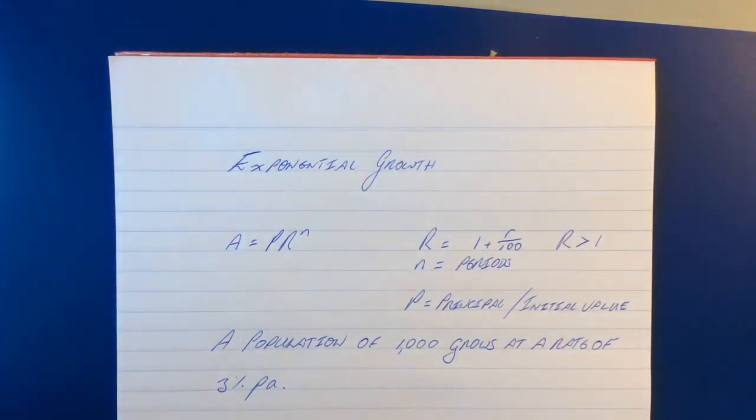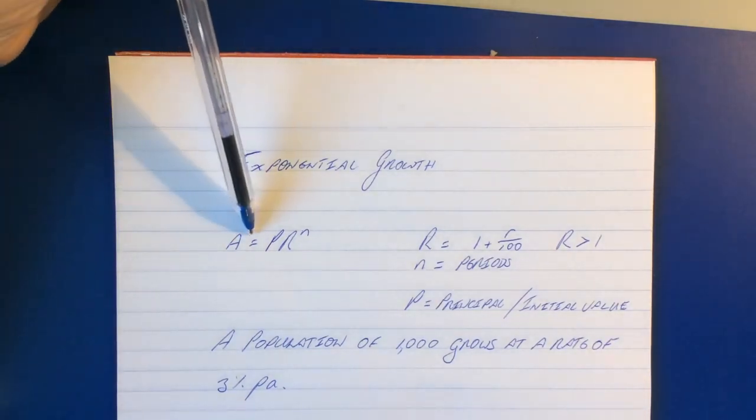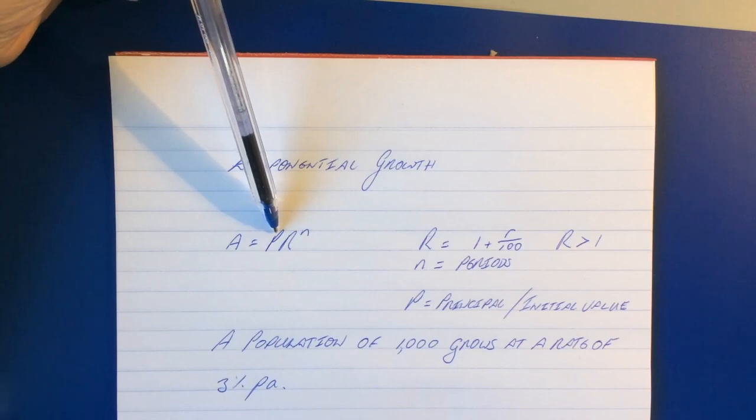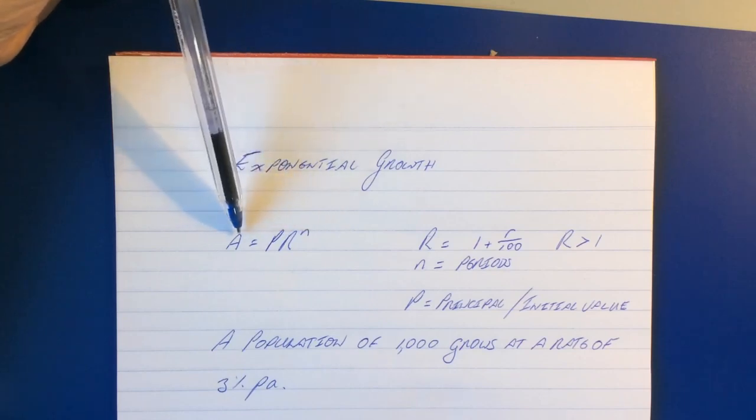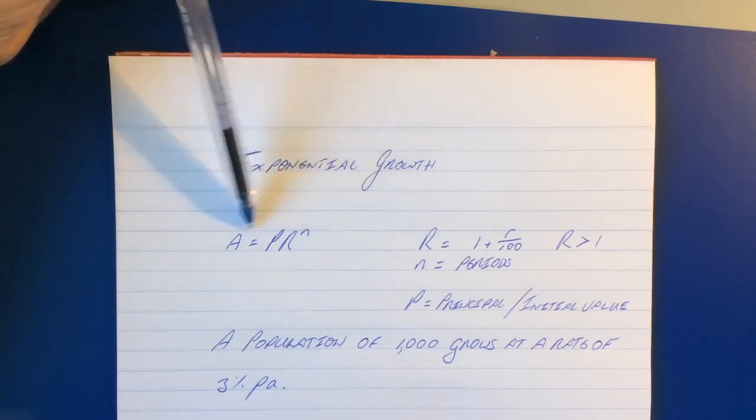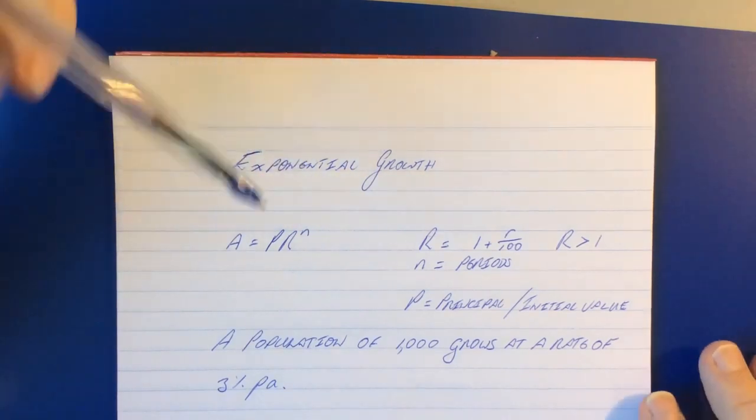Today we're looking at exponential growth with reference to a particular problem. Now, there are a number of ways in which the formula, if you like, for exponential growth can be written. I've chosen today to write it in this form, which those of you who have a finance background will recognize.